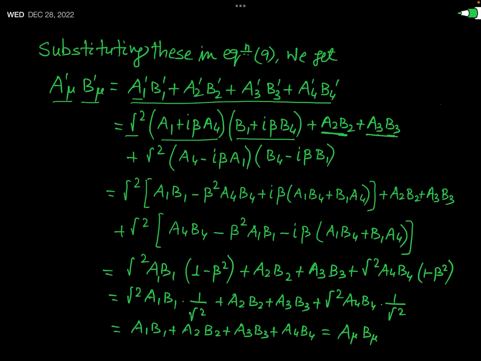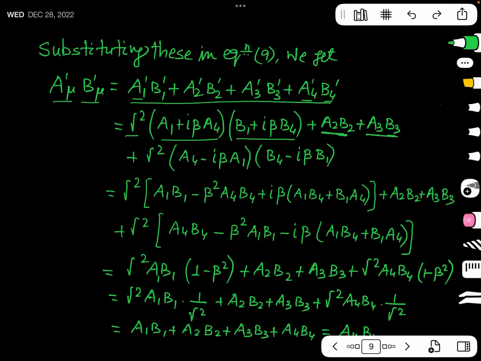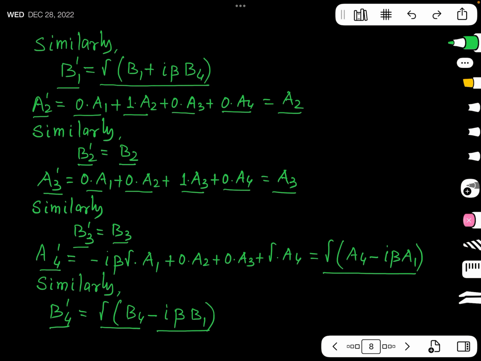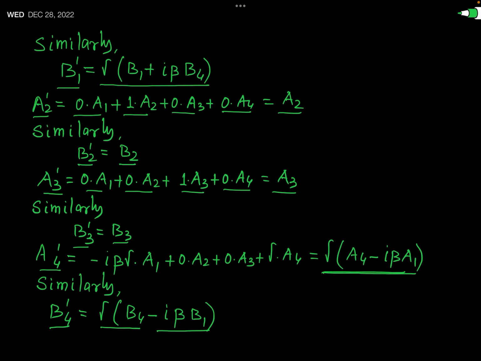But what are A4 prime and B4 prime? You have just seen that A4 prime is gamma times A4 minus i beta A1 and B4 prime is gamma times B4 minus i beta B1. Since both of these quantities contain the Lorentz factor gamma, there will be gamma square times this and this.